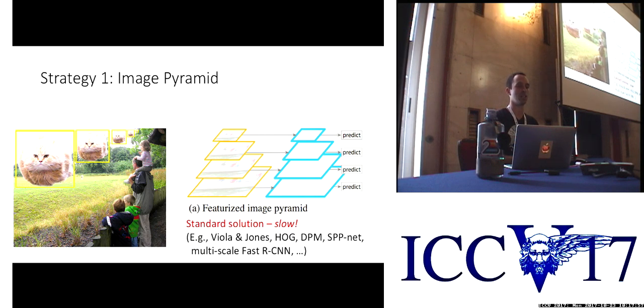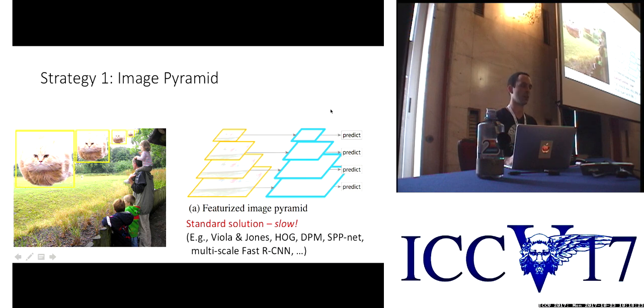The first strategy is the very classical image pyramid approach that's been used since nearly the beginning of time in computer vision. The idea here is that you form an image pyramid, and then for each level in that image pyramid, you compute some feature transformation of it. For example, that could be HOG features or a convolutional network that's run on each level of the pyramid.